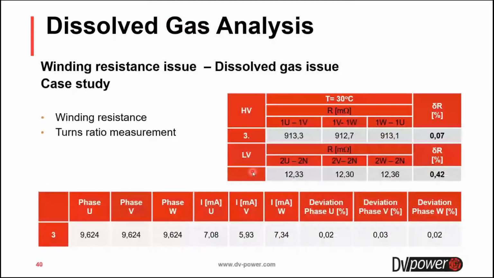Winding resistance measurements show us that we don't have any problems with the windings, neither high voltage nor low voltage windings. Turns ratio of the transformer also gives good results.